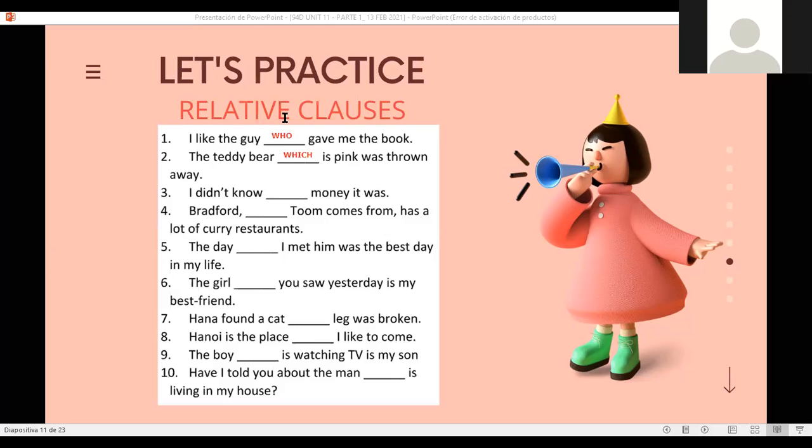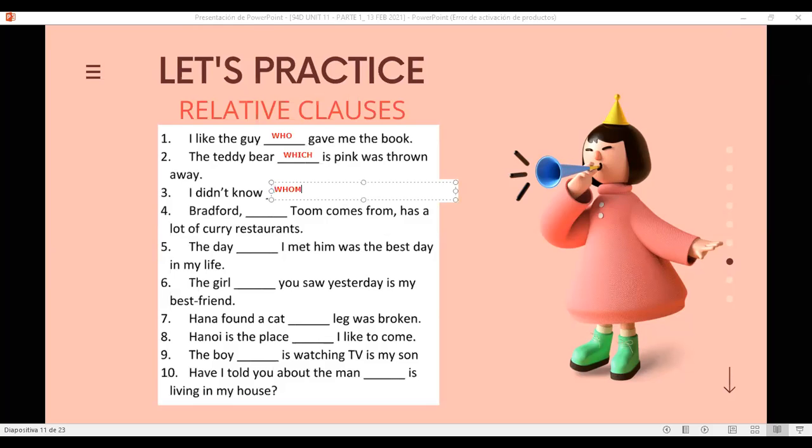I didn't know. Estamos utilizando o refiriéndonos a la pertenencia del dinero. No sabía de quién era el dinero. Whom? I can hear you, Stephen. Can you repeat? Whom? Whom, me dice Stephen.